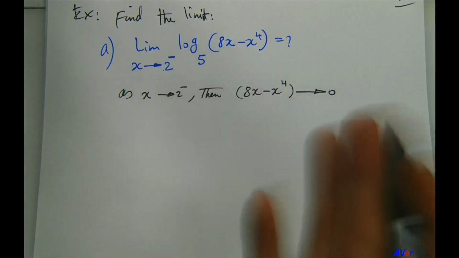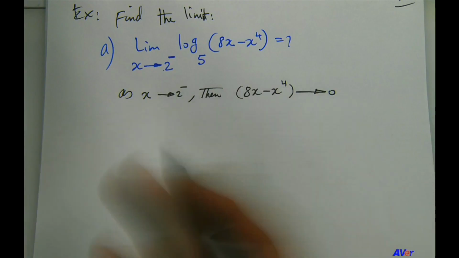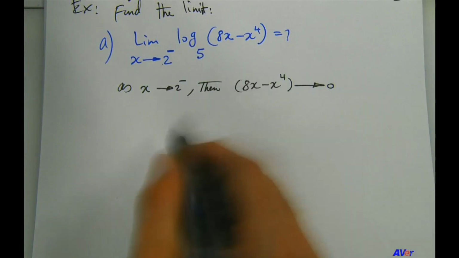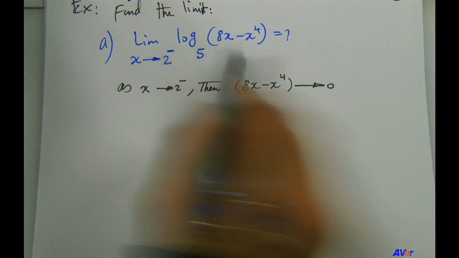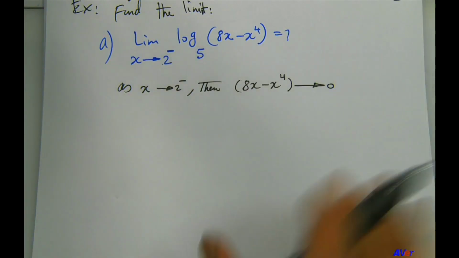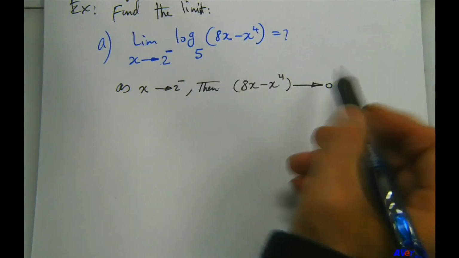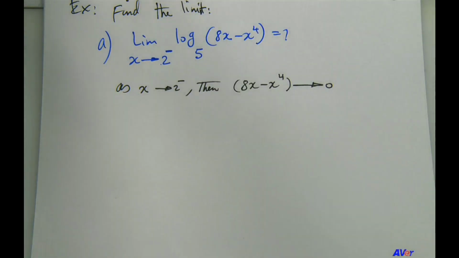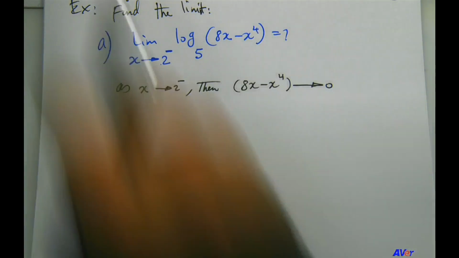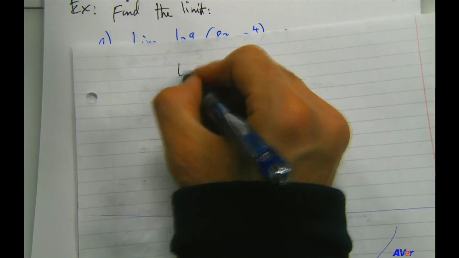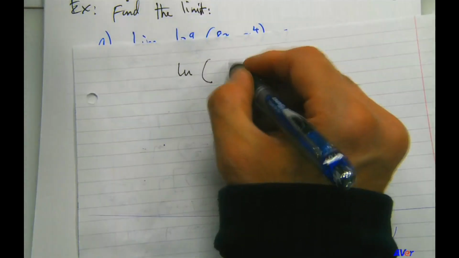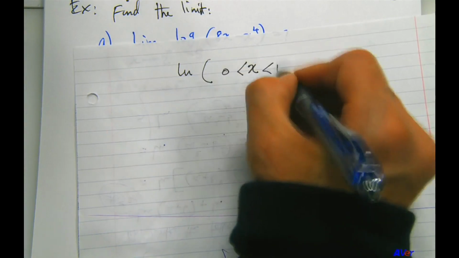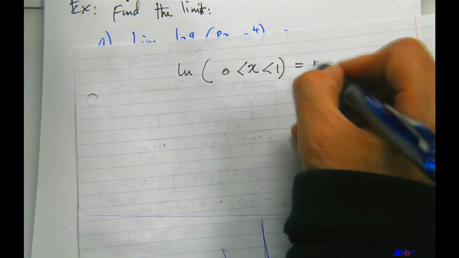Okay, so how do we say that symbolically? How do we say that it's undefined? Well, we just say that that limit is equal to negative infinity, actually, because, let me use the scratch paper, natural log of any value between 0 and 1 is a negative value.